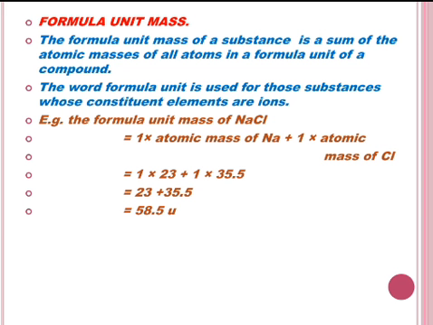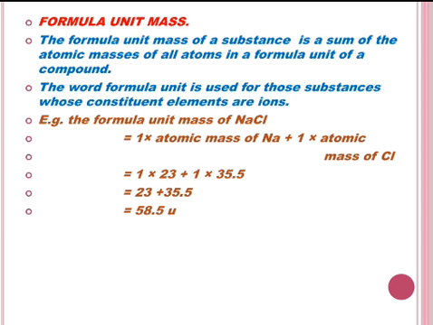These molecular compounds do not contain ions. They do not contain positive and negative ions like cations and anions. So we use the term molecular mass to calculate the mass of molecules of these compounds.